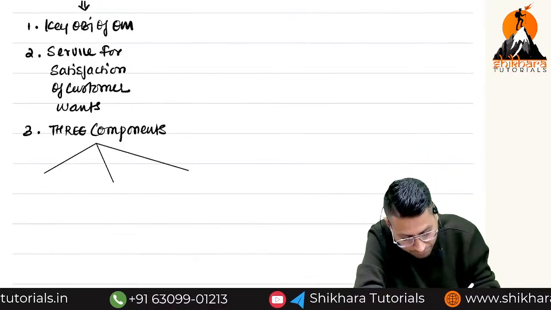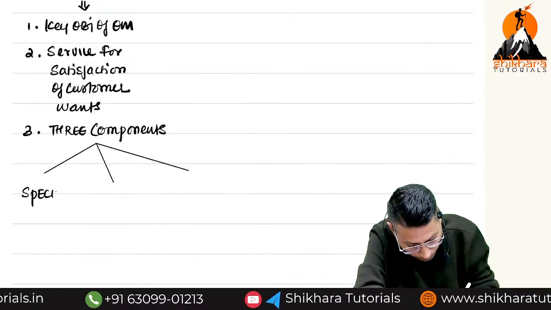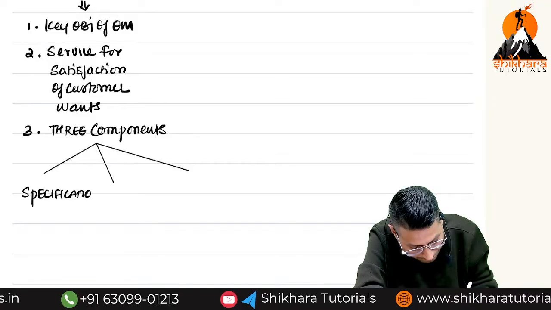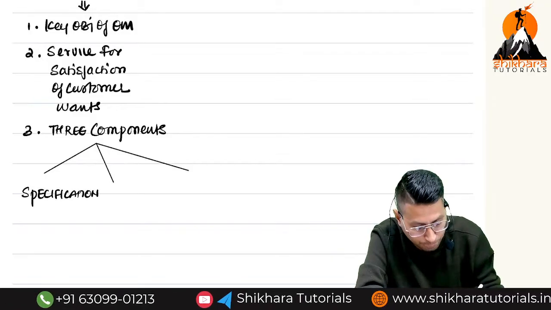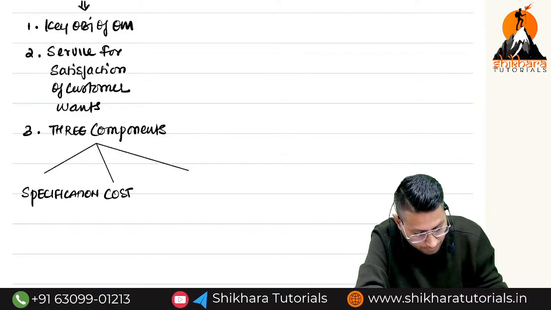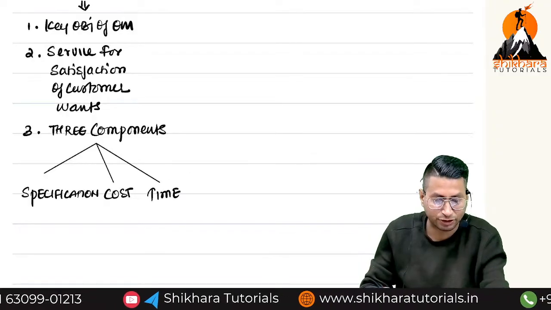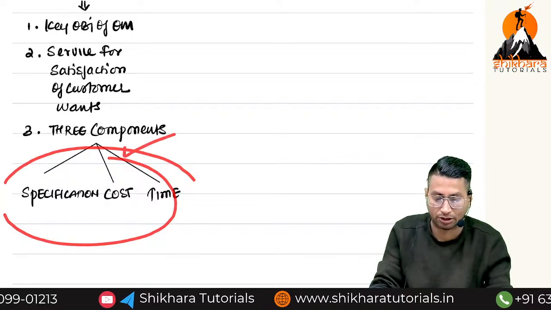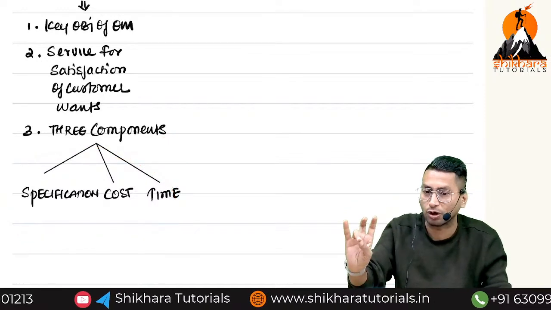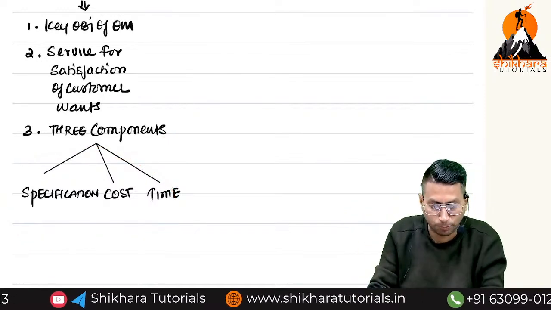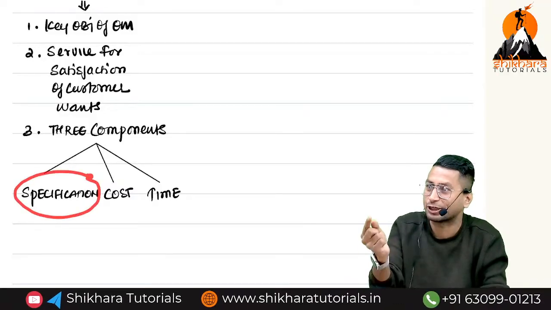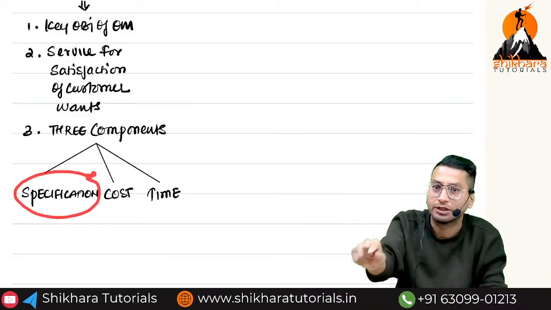Number 1, specification. Number 2, cost. Number 3, time. What are the 3 things which will decide whether a customer is happy or not? Specification, cost, time.